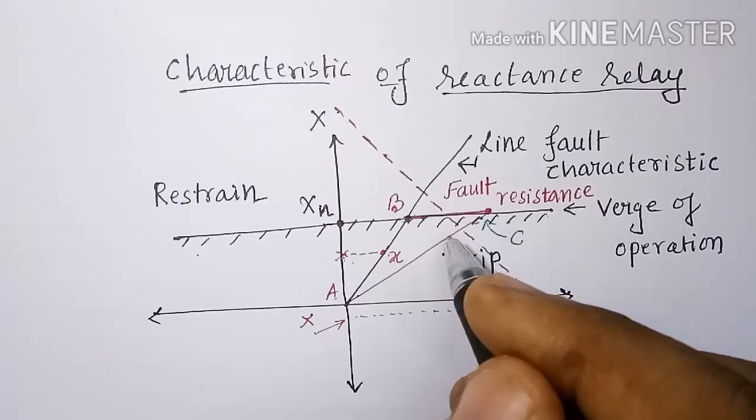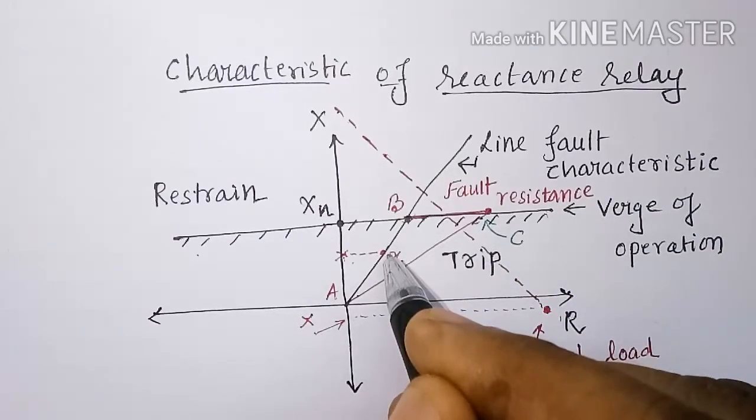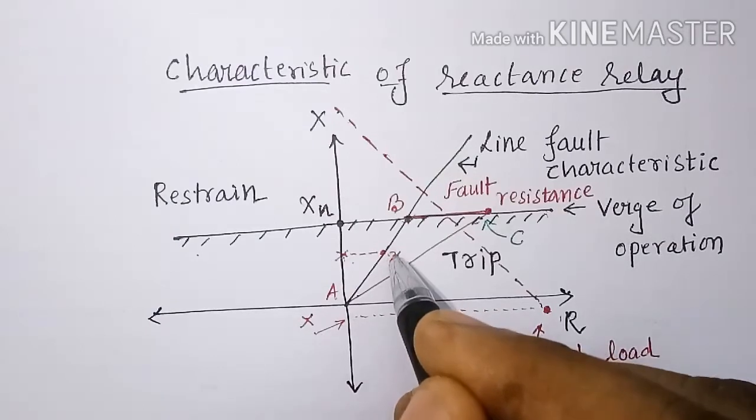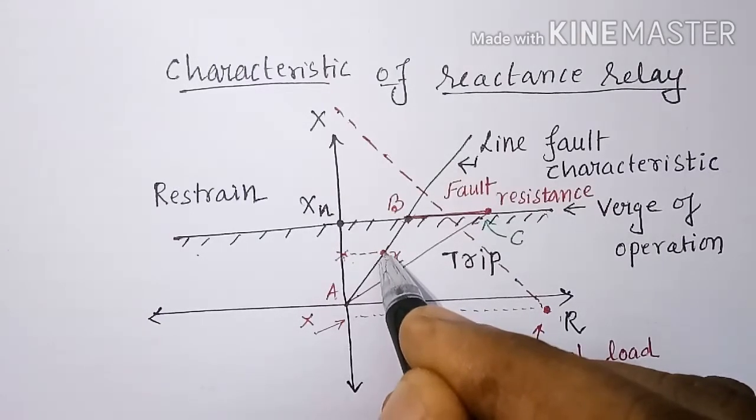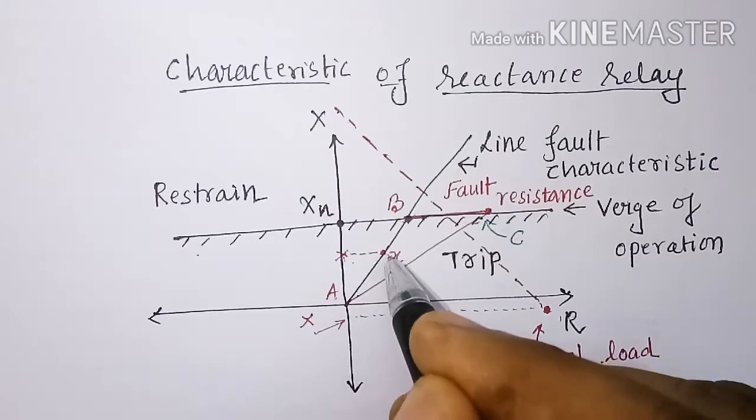Similarly, we can imagine the fault at point X with fault resistance. Fault resistance is to be added to the impedance of line parallel to resistance axis.